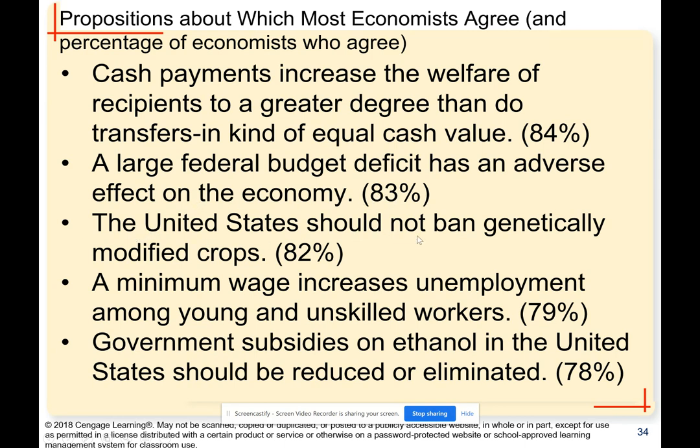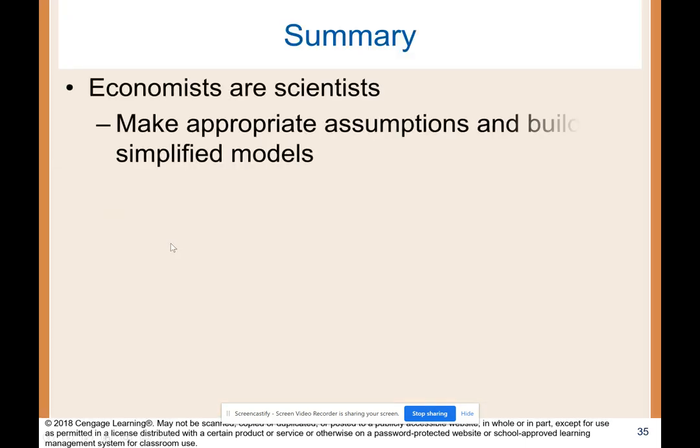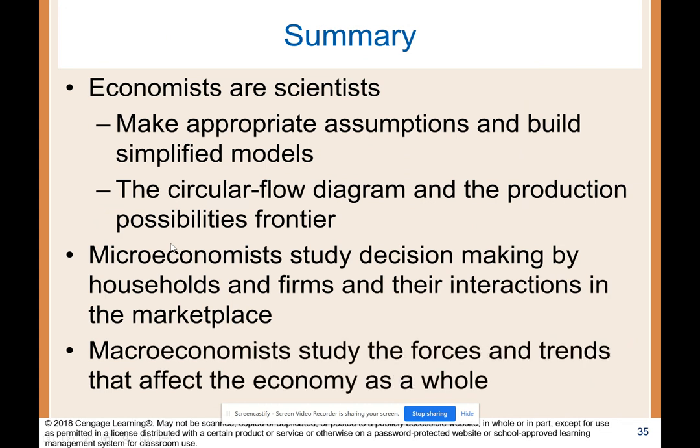The United States should not ban genetically modified crops. 82% agree. Minimum wage increases unemployment among young and unskilled workers. 79% agree. Government subsidies on ethanol in the United States should be reduced or eliminated. 78% agree. So you can see there's a good deal of issues over which economists agree.